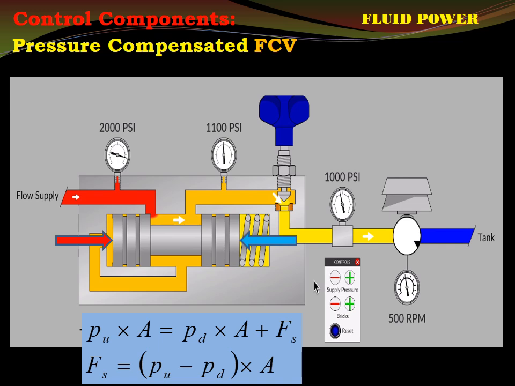Right? So if we change the load over the motor, what will happen? Definitely the pressure here must change because the load has been changed. Okay, so the pressure here must change to displace more load.